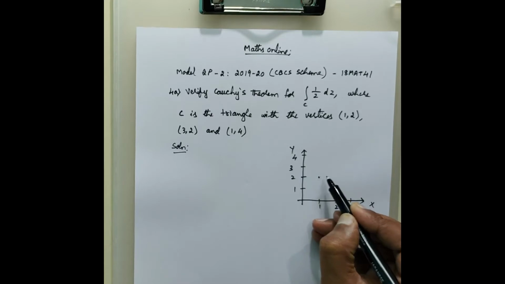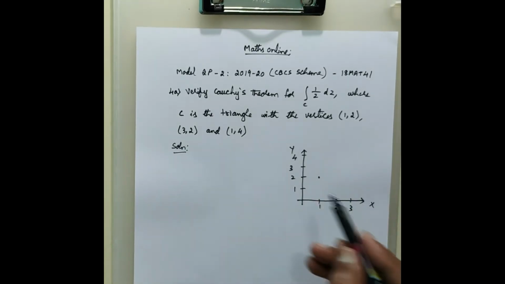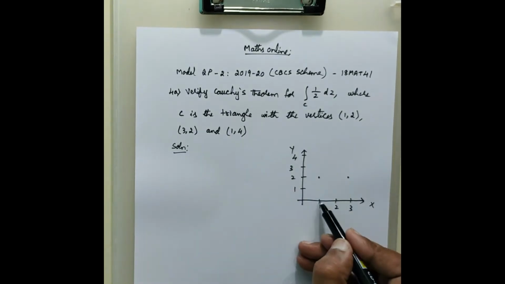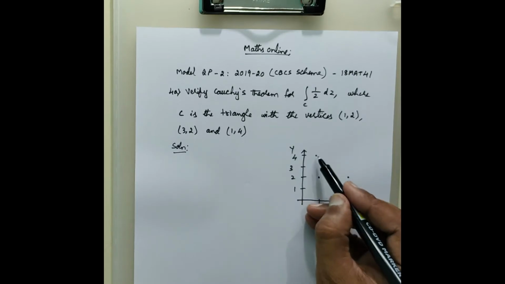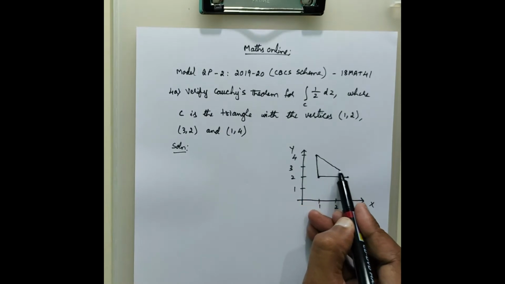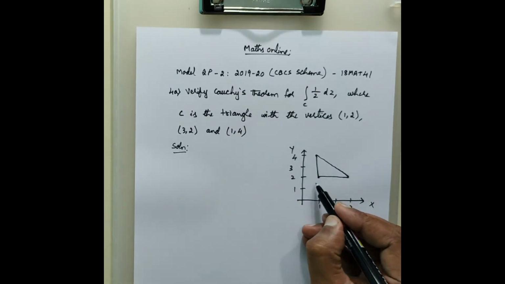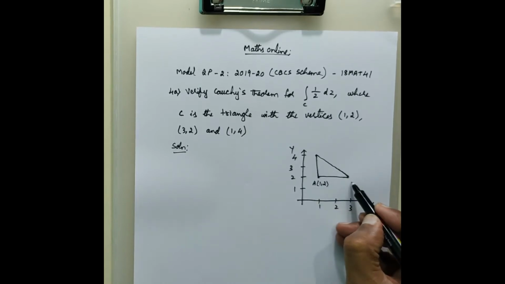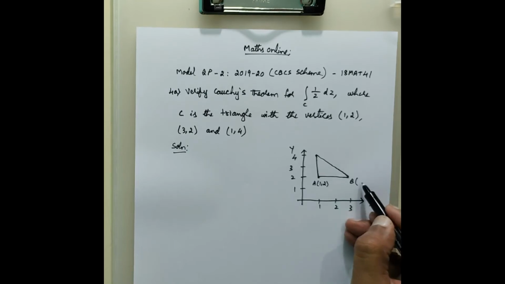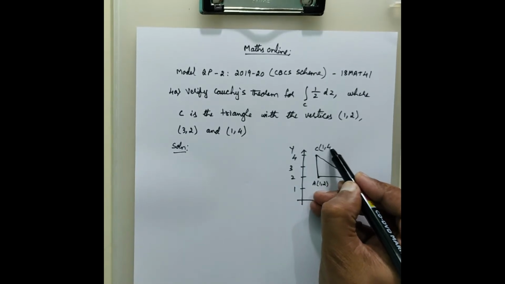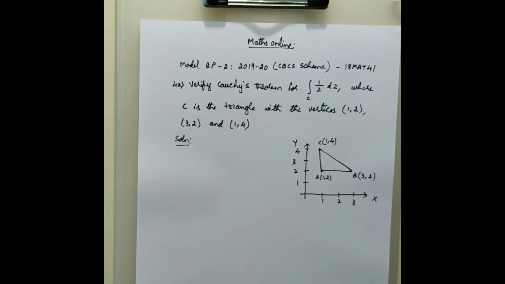Then you have 3, 2, and 1, 4. You just join the lines there. So if you join the points, you get a triangle. Let us take the points as A at 1, 2, B at 3, 2 and C at 1, 4.